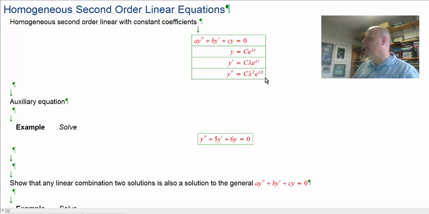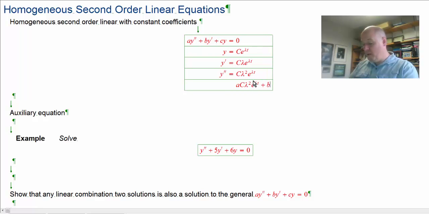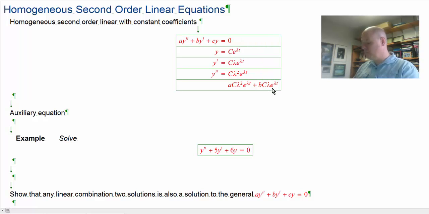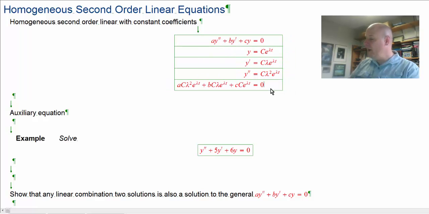Let's pop it into the left hand side: a times y prime prime plus b times y prime plus little c times y, and there's big C and little c, and set it equal to 0. And now we just have to figure out what c and lambda have to be so that that form is a solution.